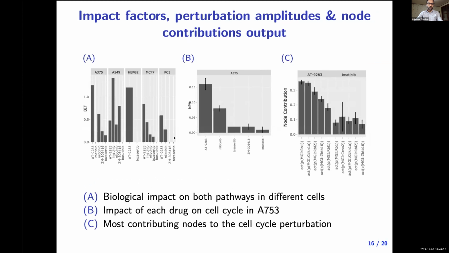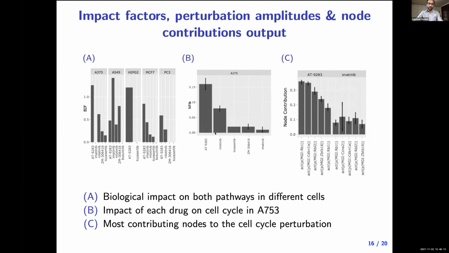And the output is produced in this format. The first of the output in panel A is the biological impact factor, and this shows us on the two networks for each cell line what's the effect of the drug. And usually these values indicate how important these drugs are in different cell lines.